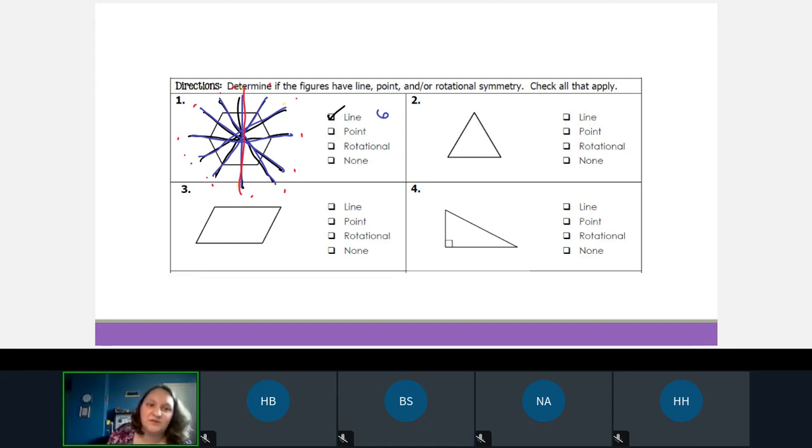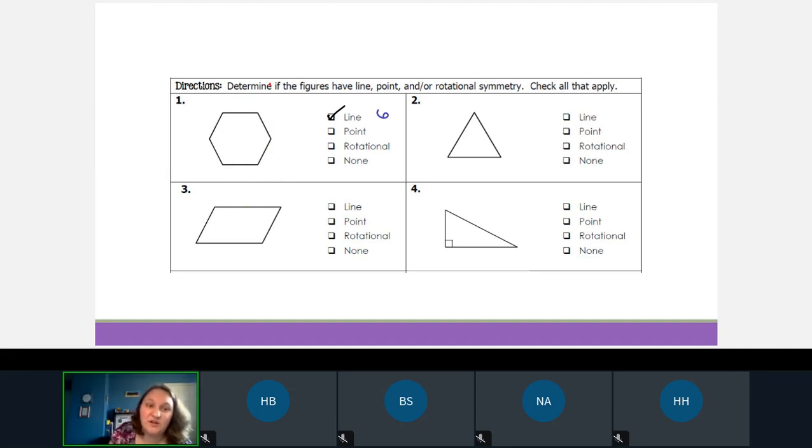Now, this is really cool. On your regular polygon, this rule will work for all. How many sides did this polygon have? It had 6. How many lines of symmetry does it have? 6. Do you think that's a coincidence? No, it's not.